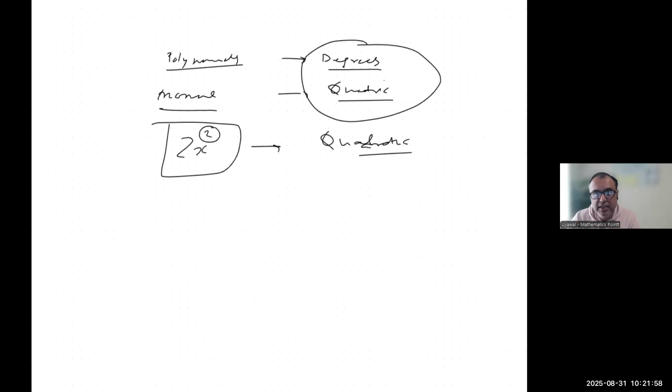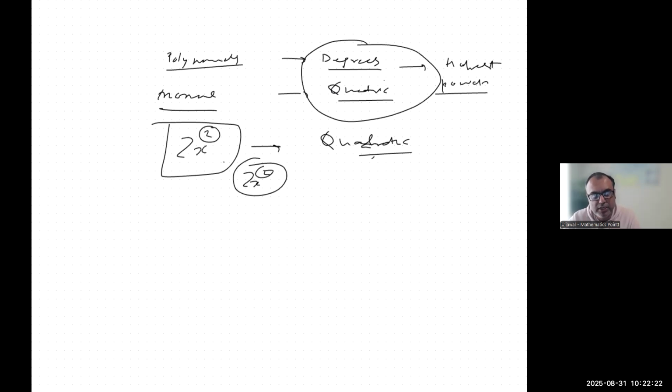And what is a degree? The highest power in an expression. So if my expression is 2x squared, what is the highest power? It's just 2 because there's only one term here. So therefore, a monomial can be a quadratic. A binomial can be a linear.